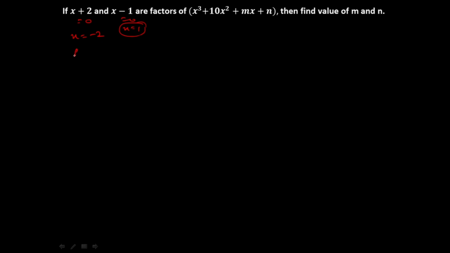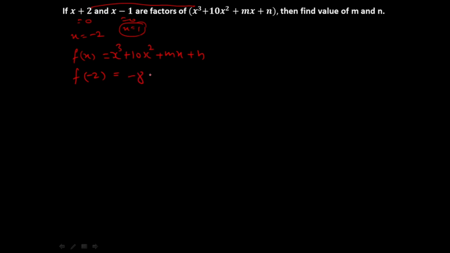So first I assume f of x equal to x cube plus 10 times x square plus mx plus n. I find f of minus 2, because this is a factor of that, so the remainder will be 0. Minus 2 cube is minus 8.